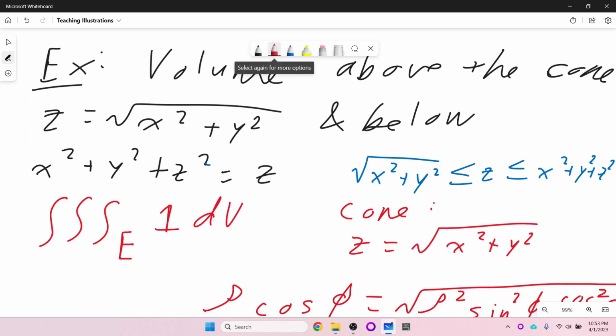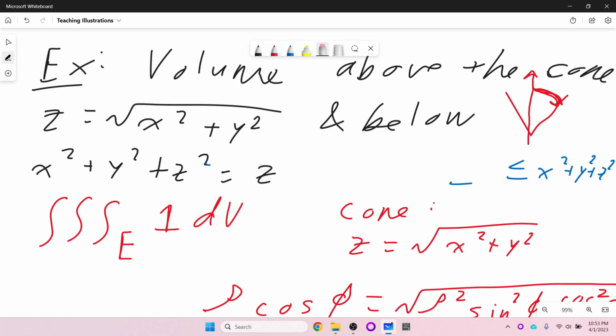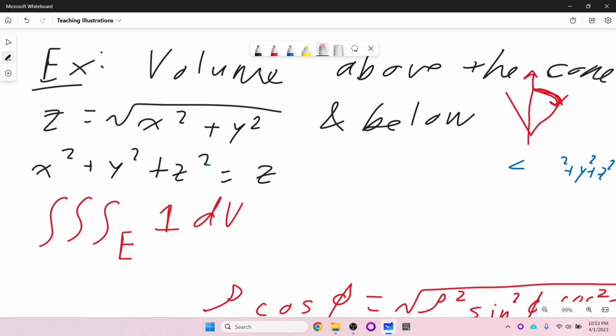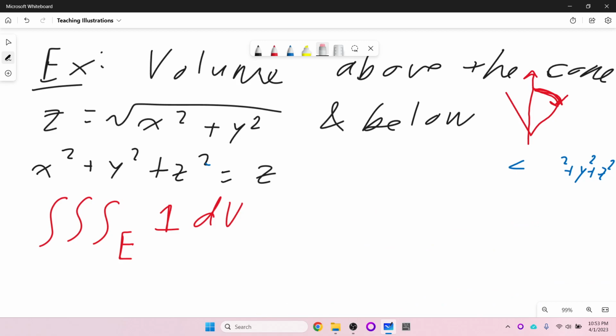And if you'll remember, phi always comes from above. So if the z-axis is here in the middle, that means phi, if we're above the cone, could be anywhere between 0 and pi over 4. So that is what we've just found. We've said that 0 is less than or equal to phi is less than or equal to pi over 4.